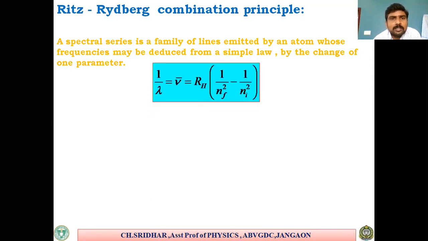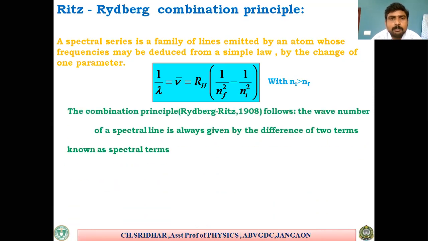That is given by 1 by lambda equals nu bar equals RH into (1 by nf squared minus 1 by ni squared), where RH is the Rydberg constant for the hydrogen atom, nf is the final state and ni is the initial state, where ni is greater than nf. That means the transition must take place from the higher energy state to the lower energy state.